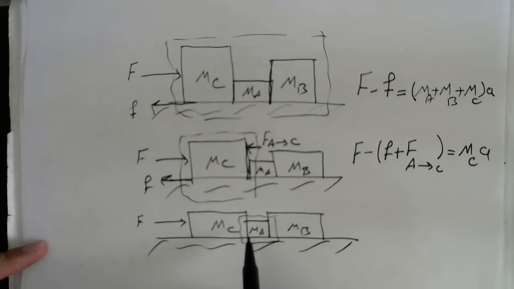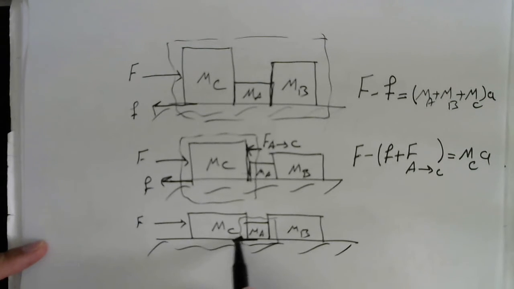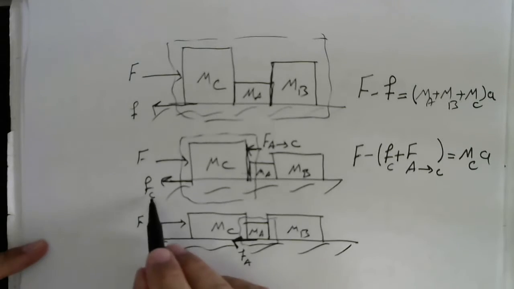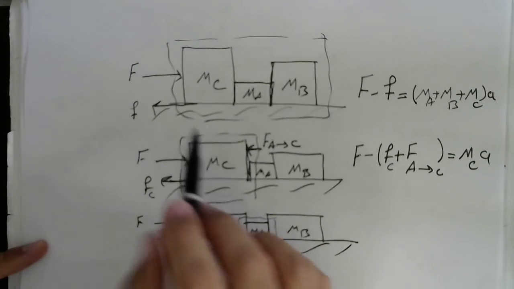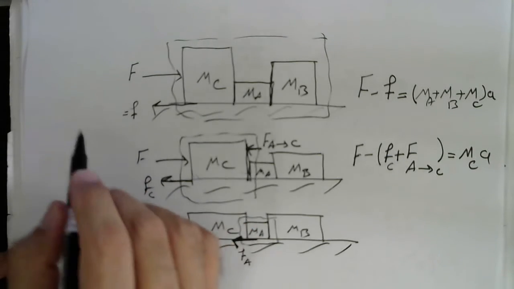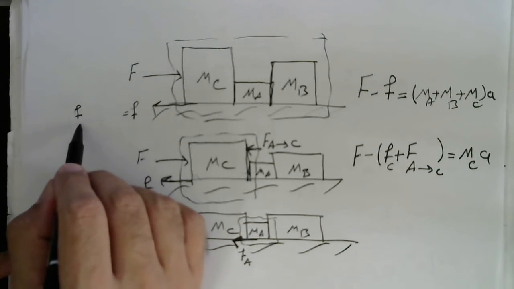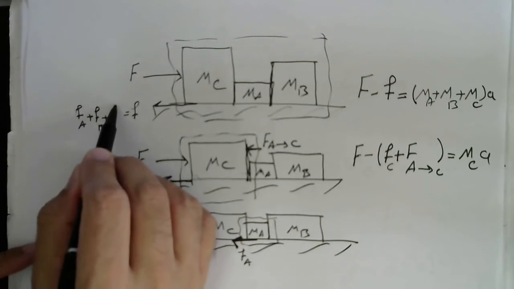The only force acting here is the frictional force, which is considered to be fA. And let me just put this one also fC, because this friction only applies to the mass C, whereas in the first case the friction is between every object and the surface.